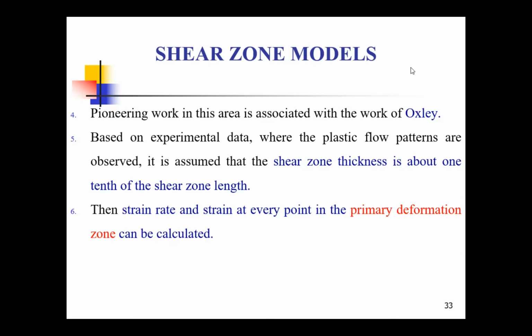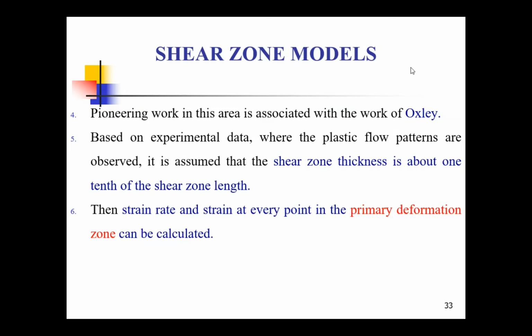The strain rate and strain at every point in the primary deformation zone can be calculated by developing a precise model. We incorporate this in the analytical or numerical equations, so that by iterations and again iterations, we can perfectly determine or predict the outputs. That is, at each and every point in the primary deformation zone, the strain, strain rate and temperatures will be calculated.